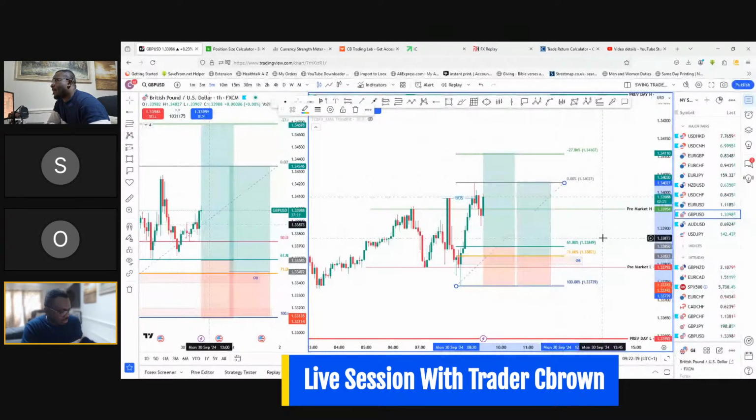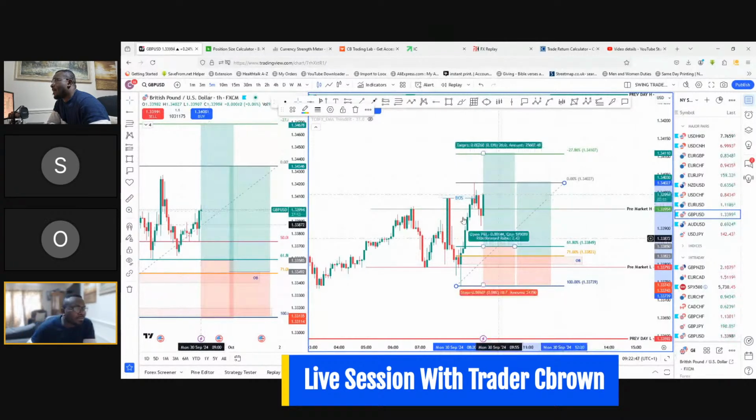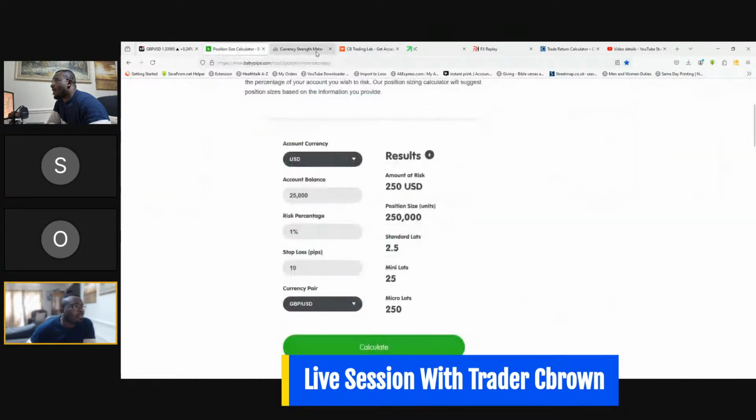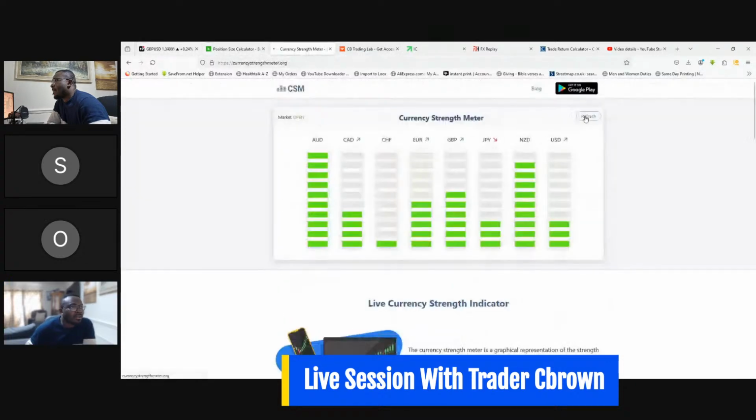I will not waste our energy trying to set the order. Price didn't come there. I was just expecting it to drive all the way down. So the buyers are back. They're strong in the market right now. Although both of them are strong, GU is stronger.